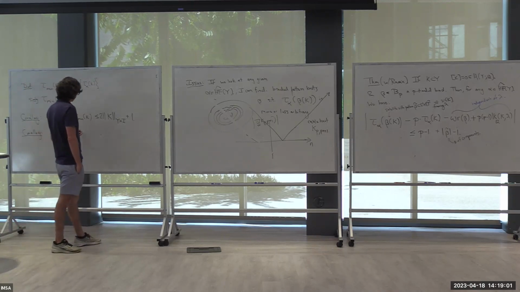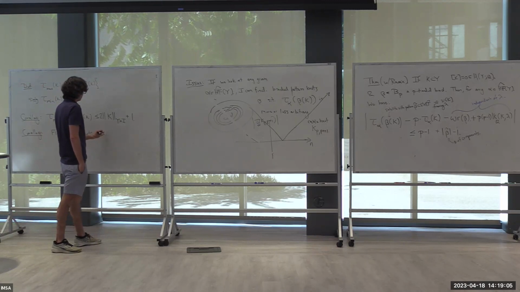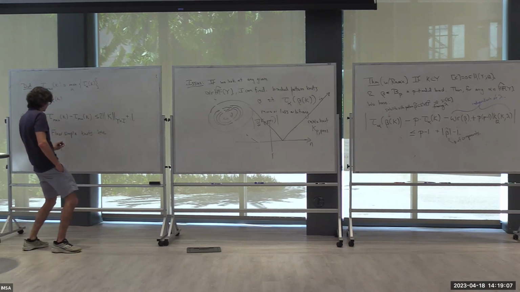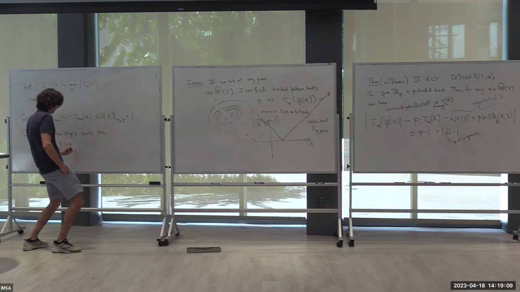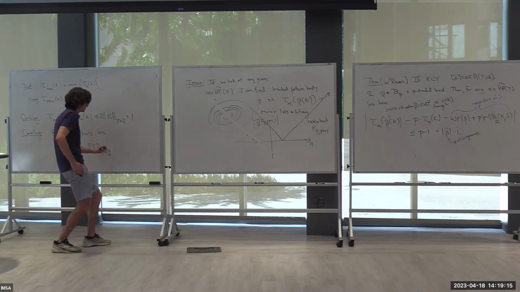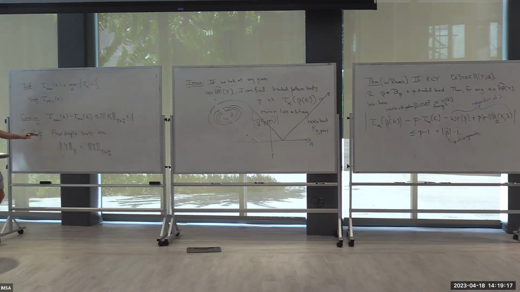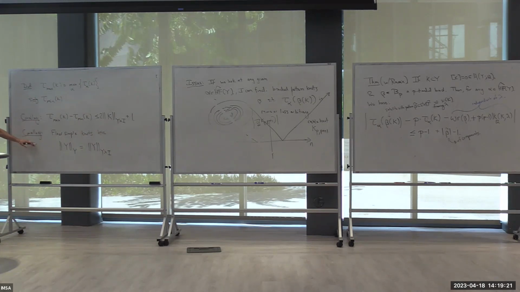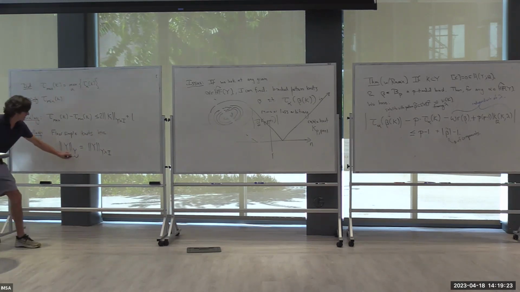So Floer simple knots have their Floer genus equal to their 3-genus. This one should be clear, because what is this?